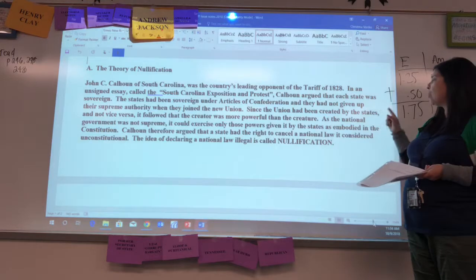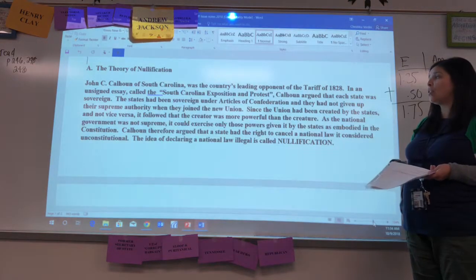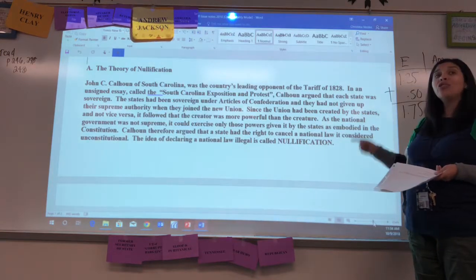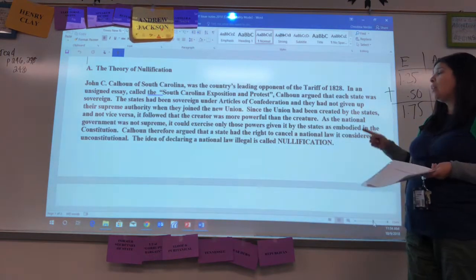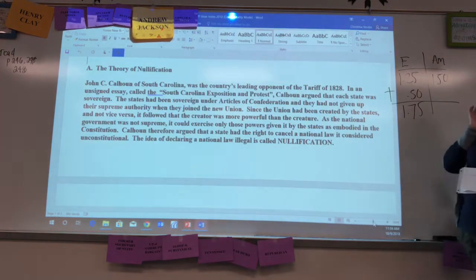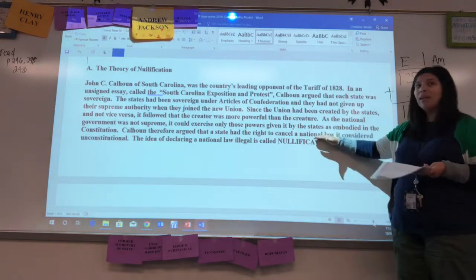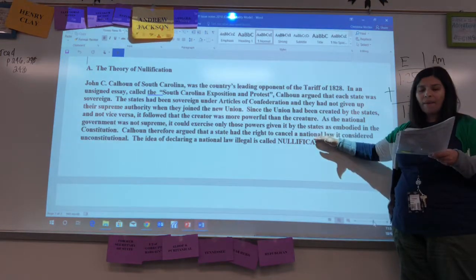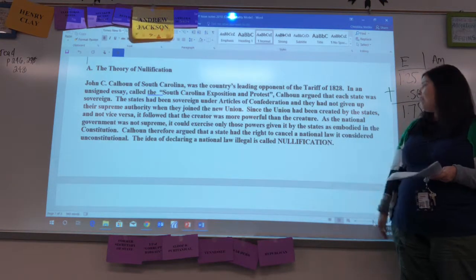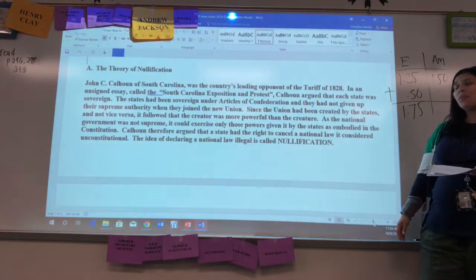Since the union had been created by the states and not vice versa, it followed the creator was more powerful than the creature, and the national government was not supreme. It could only exercise those powers given by the states, embodied in the Constitution. Calhoun therefore argued they had the right to cancel a national law if it was considered unconstitutional.